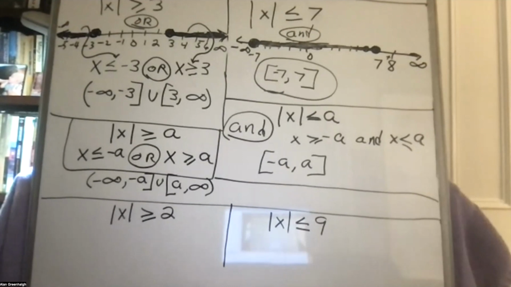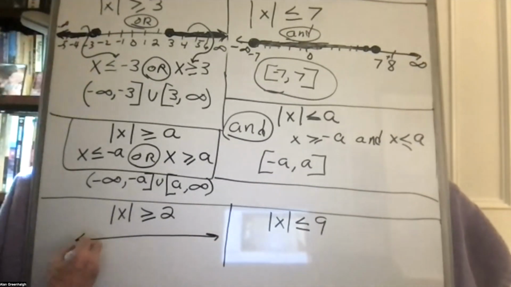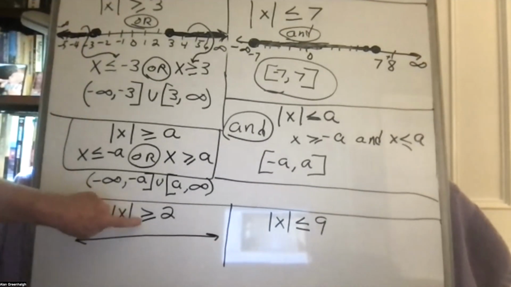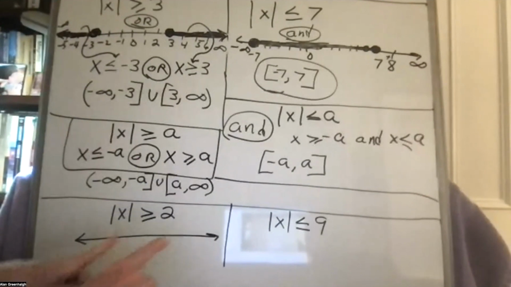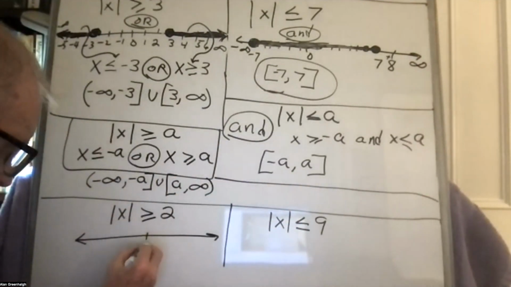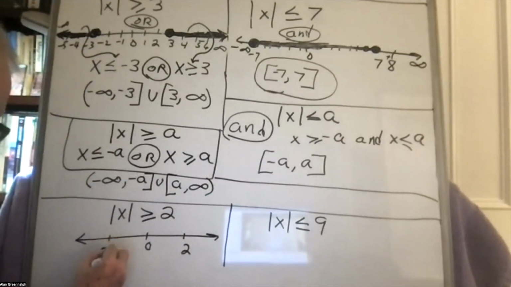Well, this shouldn't take you long, because if you draw the number line, first of all, you know that a greater than sign means or. Or will always mean going in opposite directions. So here's 0, here's 2, here's negative 2.